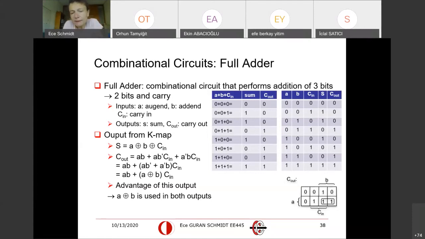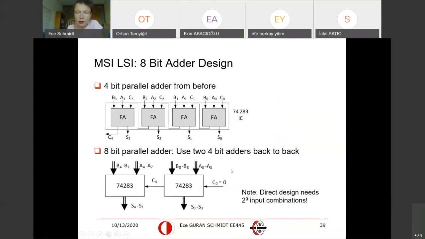So we actually built this by starting with the truth table. So according to the values of A, B, and carry in, what should be the sum and what should be the carry out. Then we started extending these things. So how do you get a parallel adder?